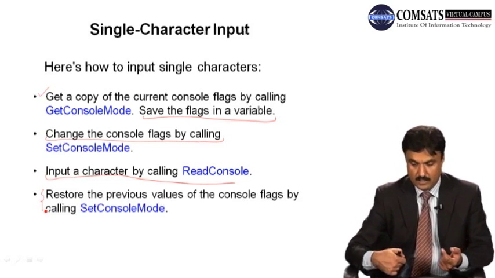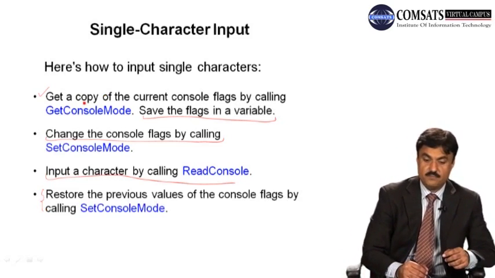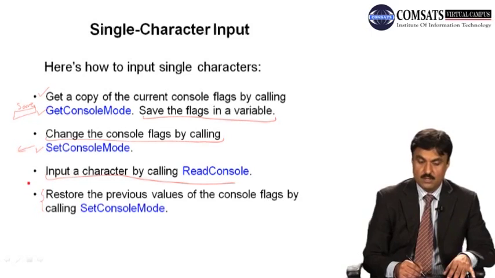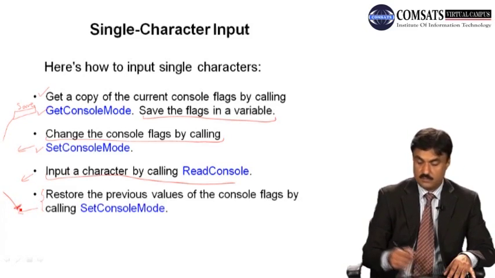You will see another example where we read multiple characters. First, you save the flags in a variable and set the mode. Whatever the console mode is, we just save it and then change the console mode. We read from the input buffer, and in the end we set the console mode back to whatever the previous mode was.